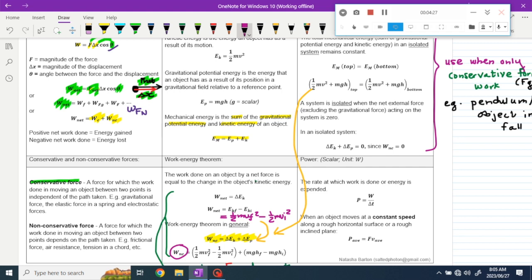I told you guys I looked at a few past papers, and I could only identify in those past papers one type of conservative force. What is that force? Fg, the gravitational force. Okay, so if you're looking at the system and you would like to know what the work done by the conservative forces is, then you are looking at the work done by gravity.